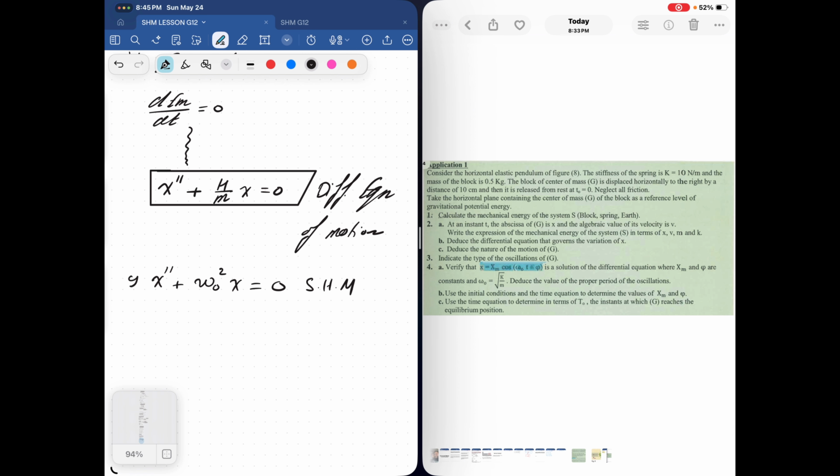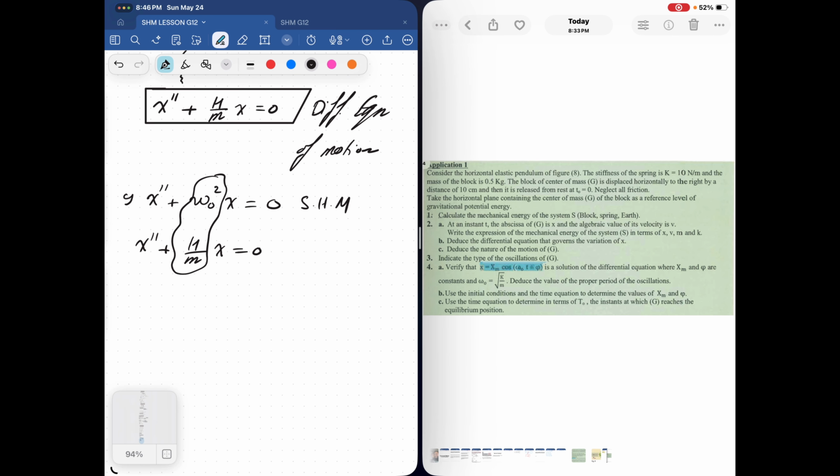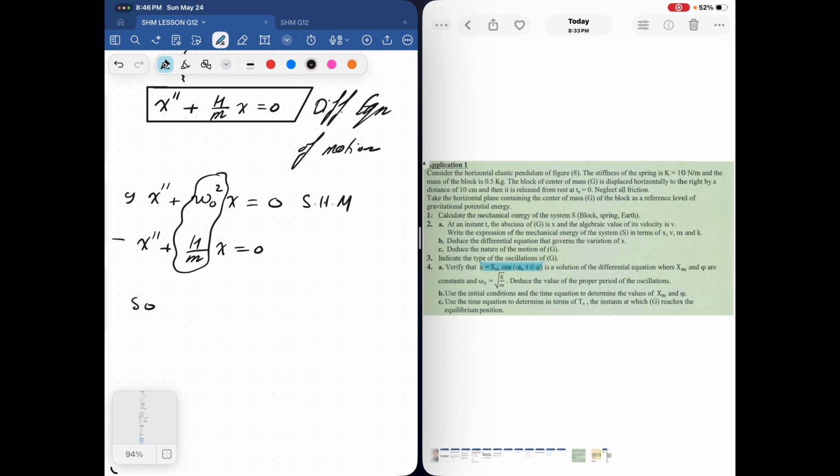And so this is the exact same shape, with w0 squared equal to k over m. And so the motion is simple harmonic motion.